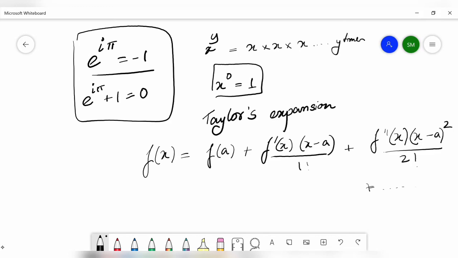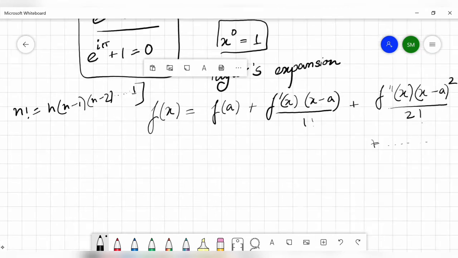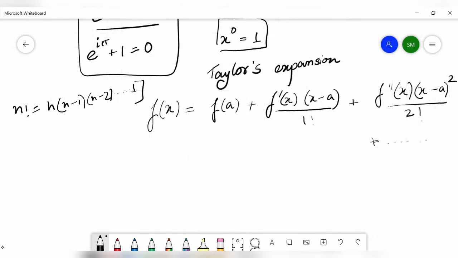So it's an infinite series, so it goes on. Basically f of x can be written as f of a plus f dash a multiplied by x minus a, the difference, divided by 1 factorial. Here f dash means the differentiation of the function f of x with respect to x. And n factorial is a term in mathematics which means n into n minus 1 into n minus 2, and so on up to 1. So this is a general form of Taylor's expansion.